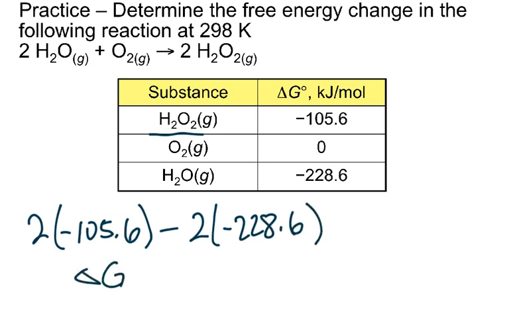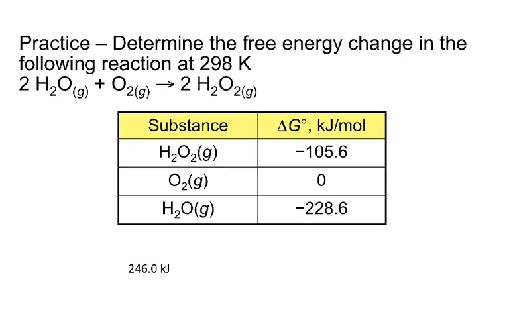So our delta G standard is 246 kilojoules, which is the same thing we got doing it the other way.